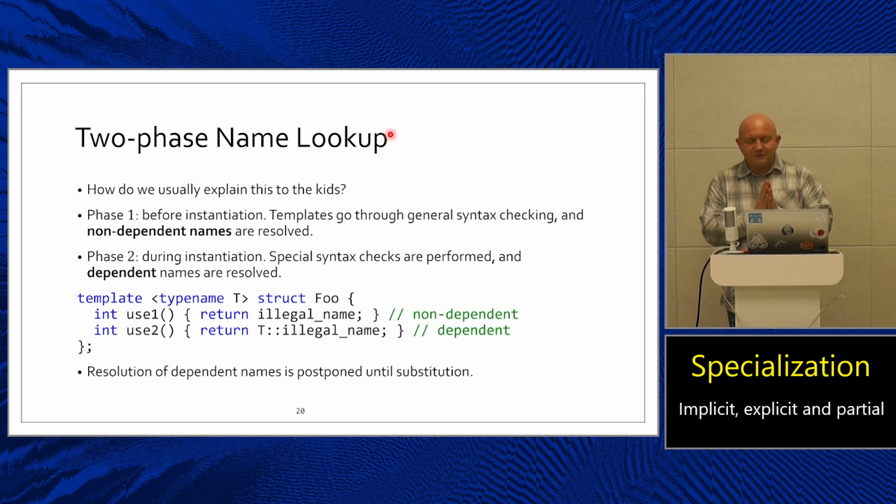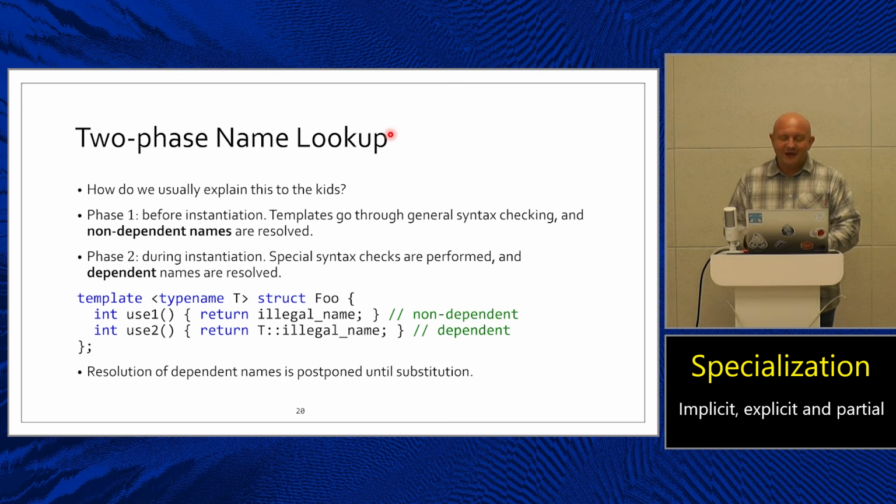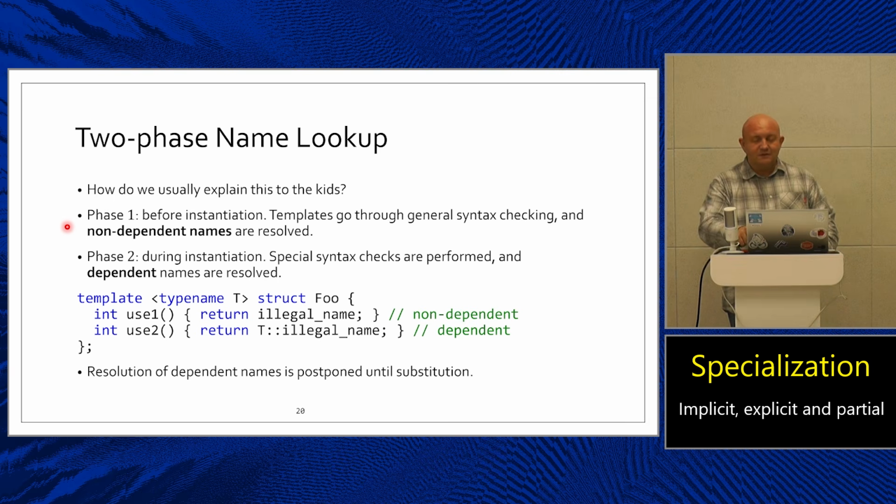And how do we usually explain two-phase name lookup to newcomers? We tell them there are two phases. Phase 1 happens before instantiation. The template undergoes general syntax checking and non-dependent names are resolved immediately, and this illegal name is non-dependent.